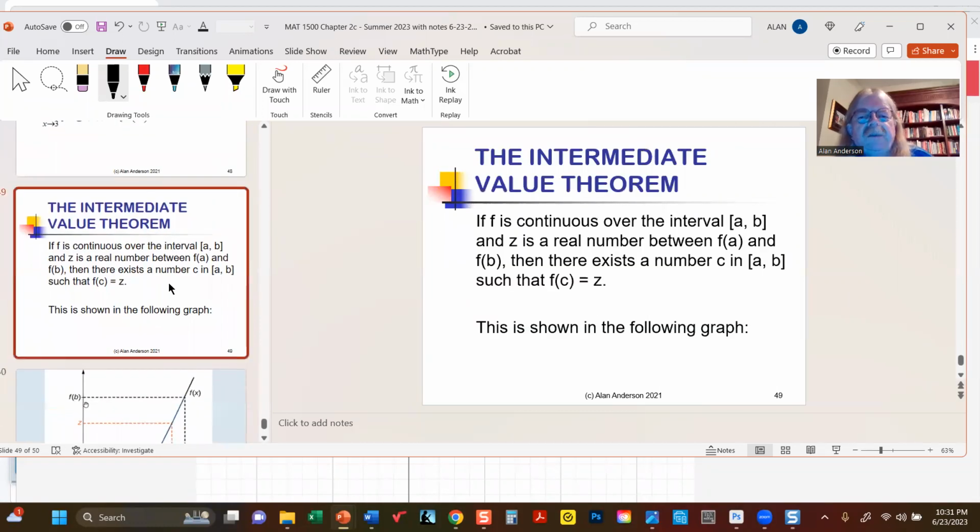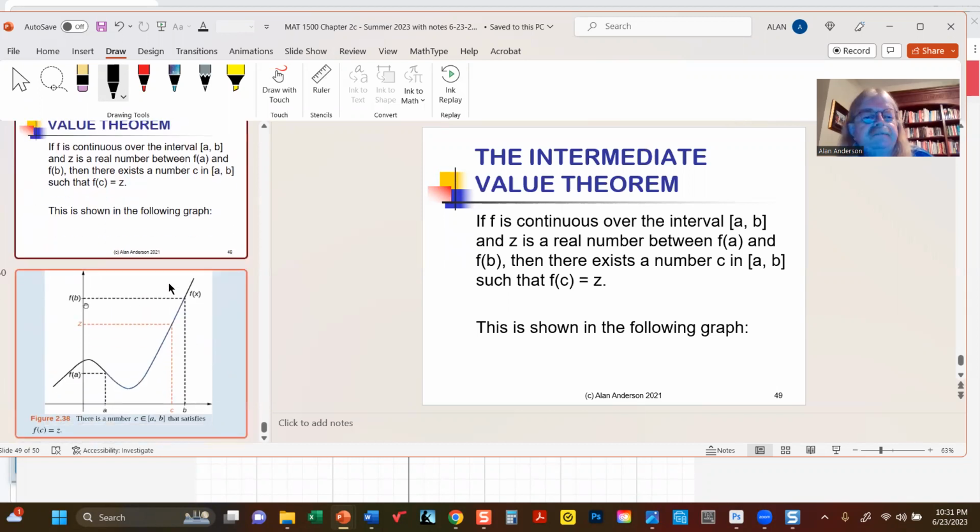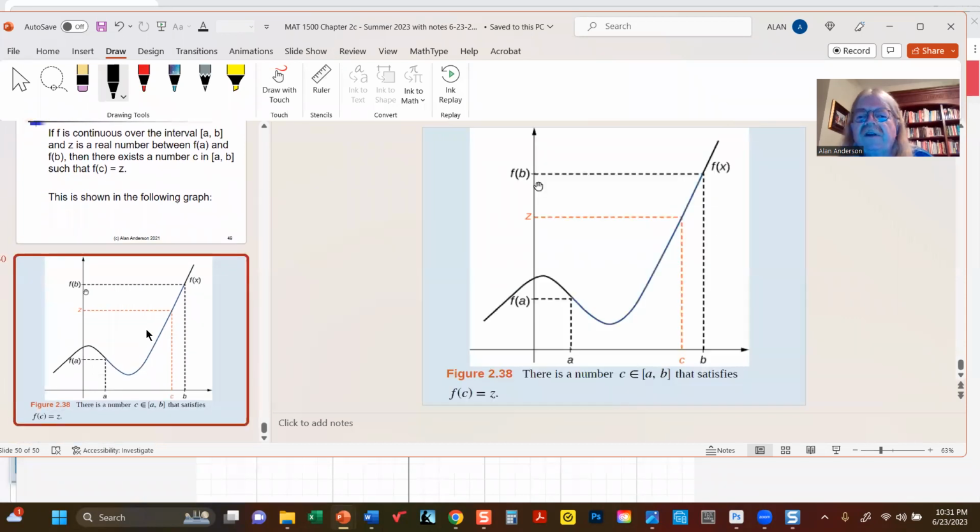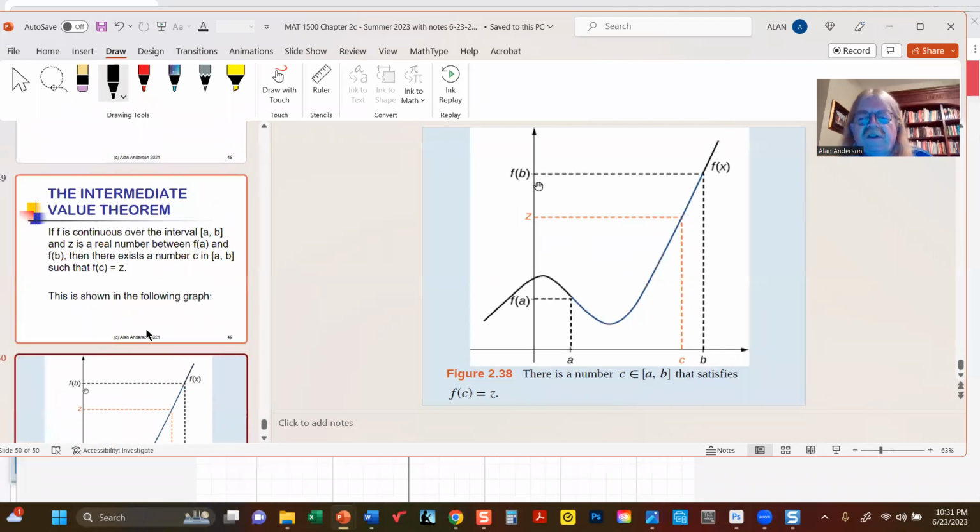And then finally, the intermediate value theorem. Basically, all it's saying is that if f is continuous over an interval, let me show you this graph. From a to b is some interval where the function is continuous, and you can see the corresponding f of a and f of b.